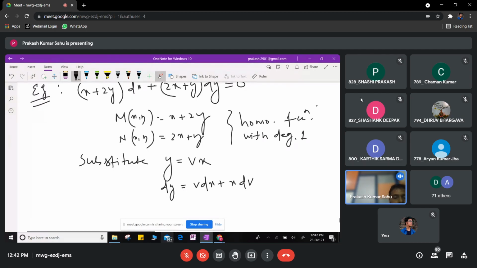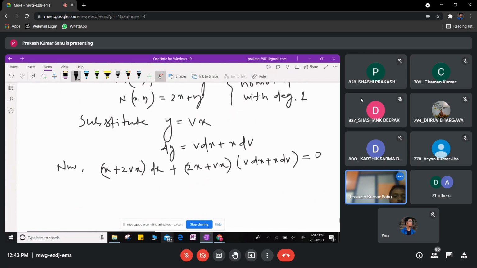So the equation one becomes x plus 2vx into dx plus 2x plus vx, and in place of dy you write v dx plus x dv, is equal to 0.